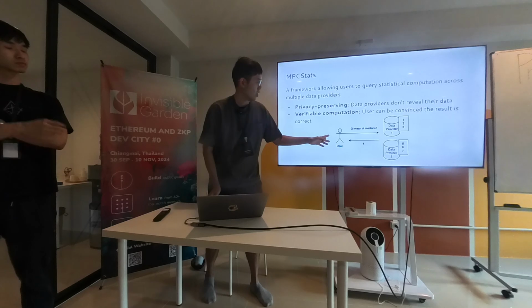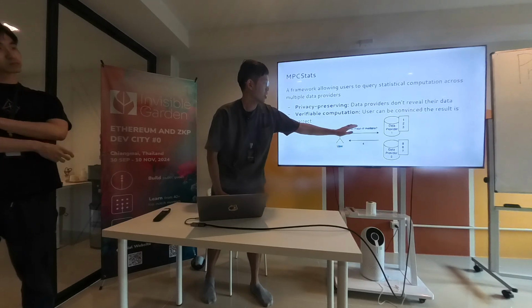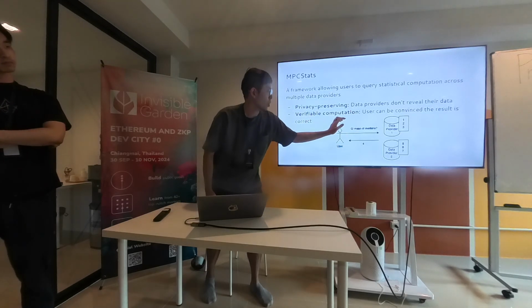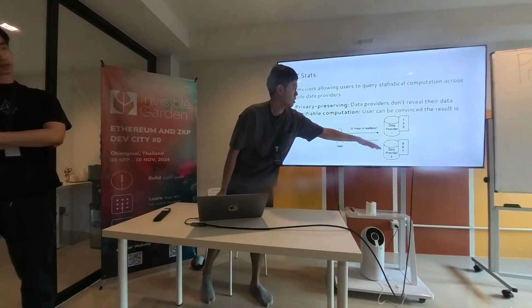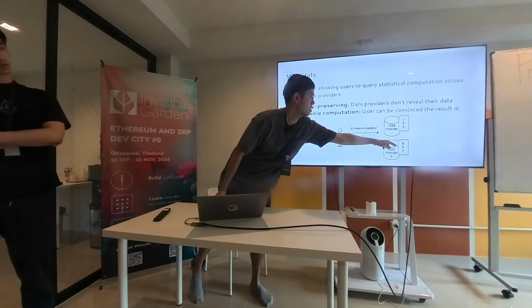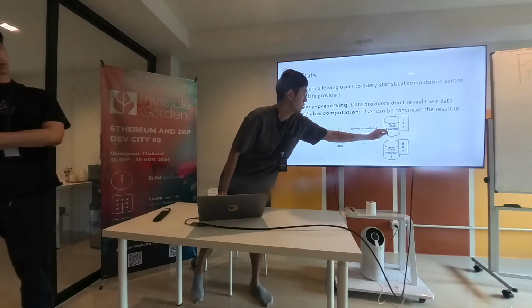So in this case, a user can query like, what is the mean of the medians of your database? So it's 2, 6, and average, so return 4.